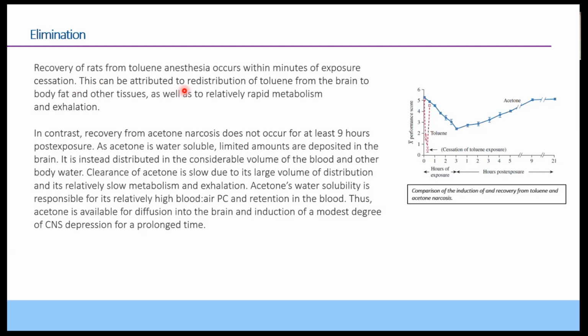This can be attributed to rapid redistribution of toluene from the brain to body fat and other tissues, as well as to relatively rapid metabolism and exhalation. So here you can see on this figure that toluene, when given, is eliminated from the body within a few minutes. And another example is acetone.